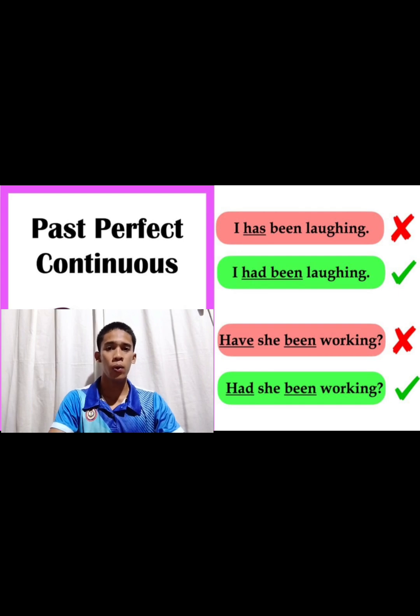It is used to talk about first an action that started before another action in the past and continued until the other action happened. An action was in progress for a period of time before another action in the past took place.